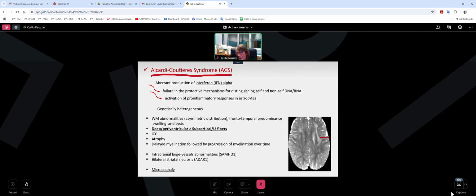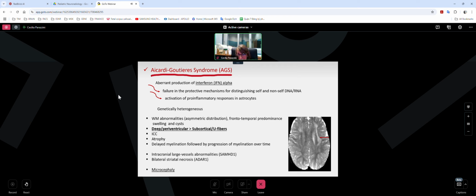White matter abnormalities are mainly in the frontotemporal area, but actually white matter may be involved in a more diffuse way with an asymmetric distribution, differently from what we have observed in the other forms of astrocytosis. And in very young patients, we can see also delayed myelination followed by a progression of myelination over time.